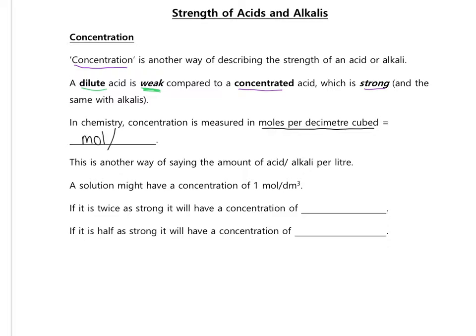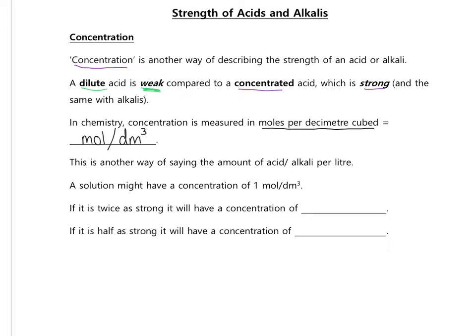That means we need a /. Decimeter is dm, just like centimeters would be cm. And it's decimeters cubed, so it's going to be a little 3 up there. So those are units of concentration. You need to be familiar with those. And it gives us a representation of how strong an acid or an alkali is.